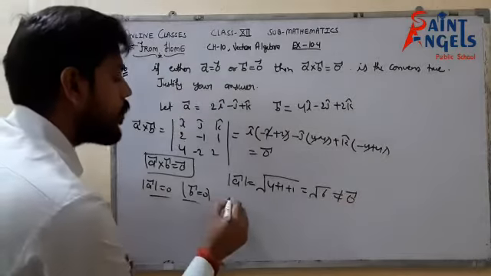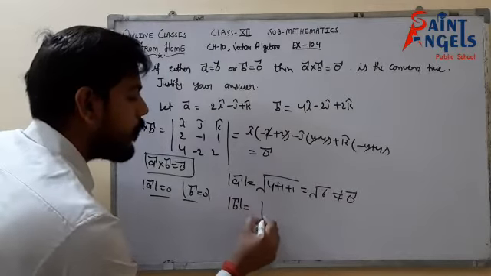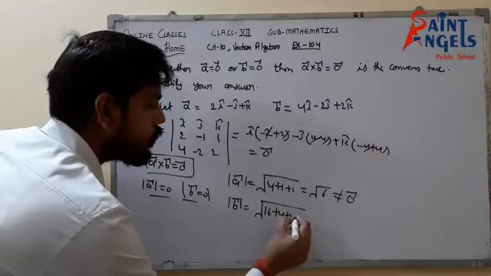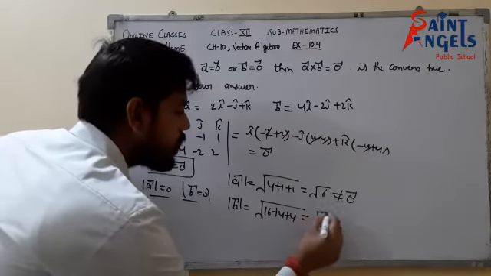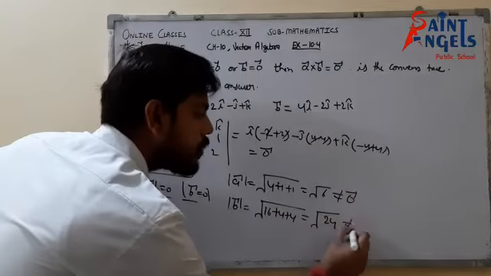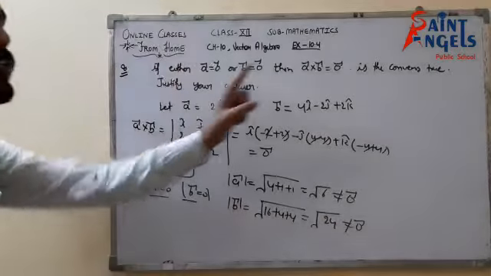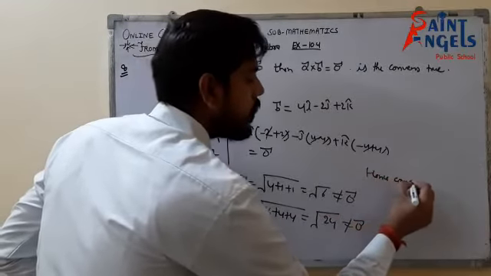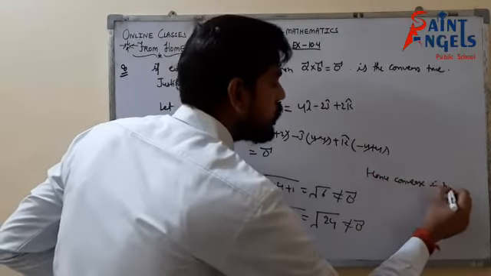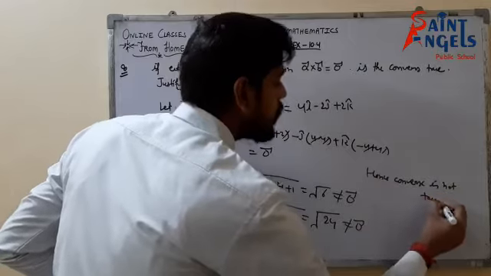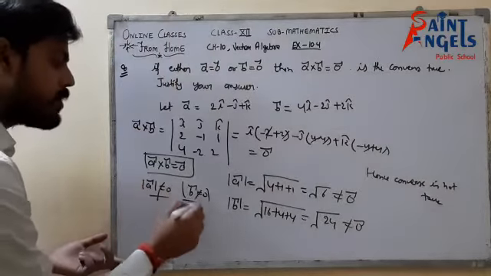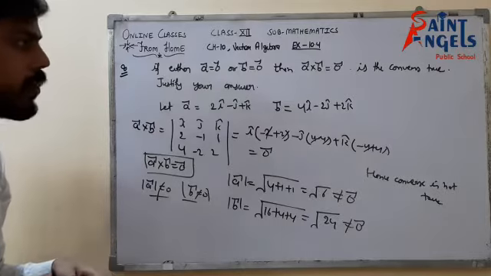Now find the modulus of vector B. That would be 16 plus 4 plus 4, that is 24, which is not equal to 0. Hence the converse is not true, because A cross B is 0, but the modulus of A and B is not equal to 0. Okay, I hope you got it.